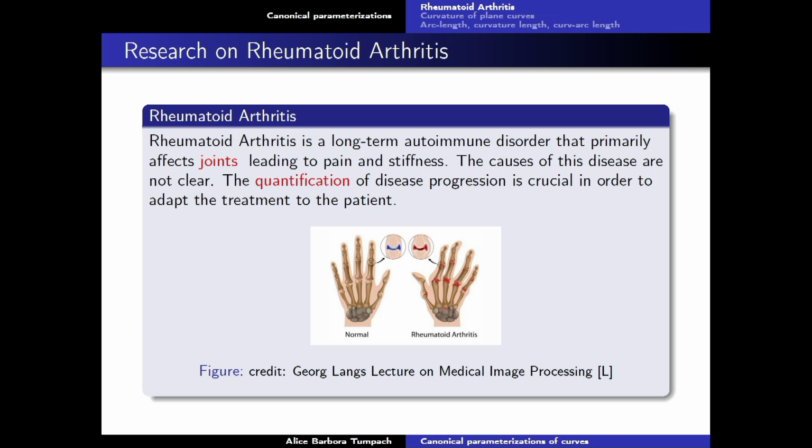And to quantify this disease, we need to have... So first of all, the images I will use here are based on a study by Georg Langs from the Medical University of Vienna.